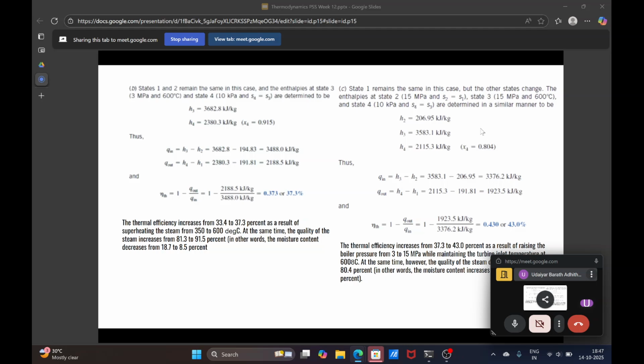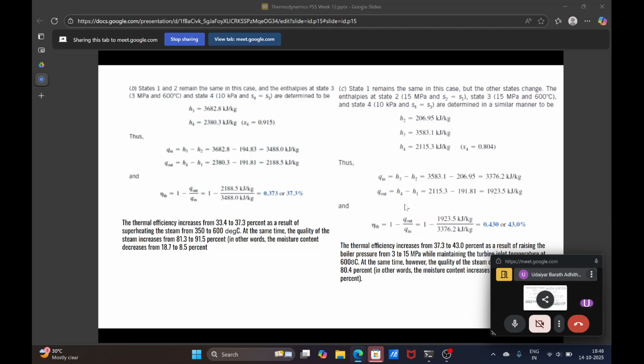So in this case what has happened is, in the quality, previously it jumped from 81.3% to 91.5%, but increasing the condenser pressure has now reduced the quality to 80.4%. So there is moisture at the exit.